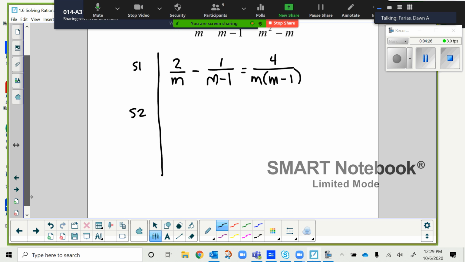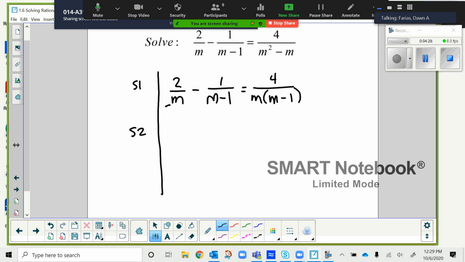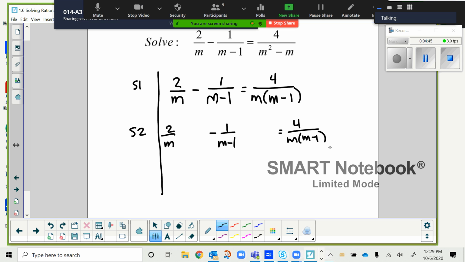I'm going to rewrite this so that I have space in between each one, because I'm about to add some stuff. The LCD is built from each of the denominators.